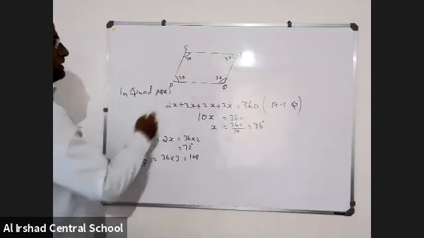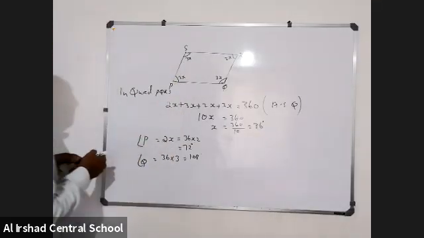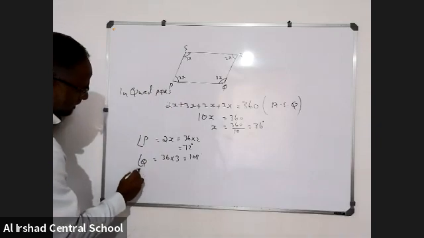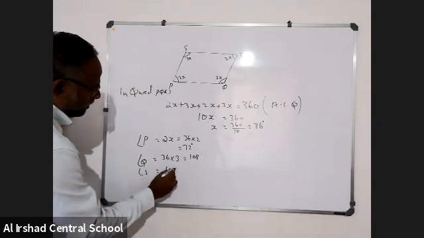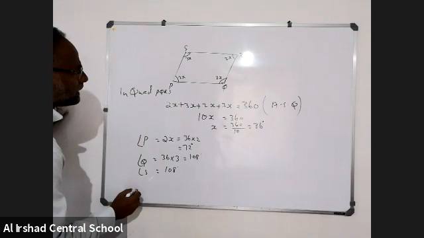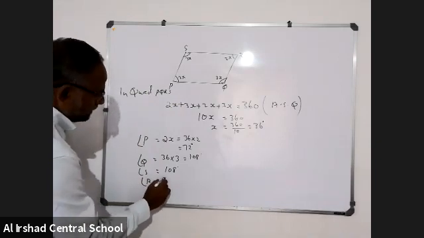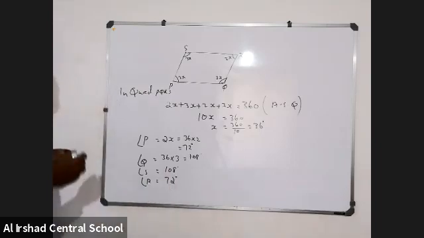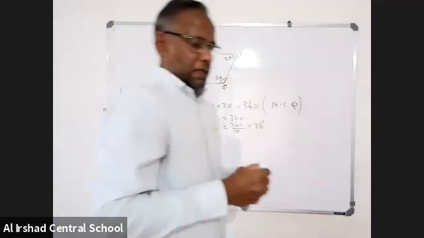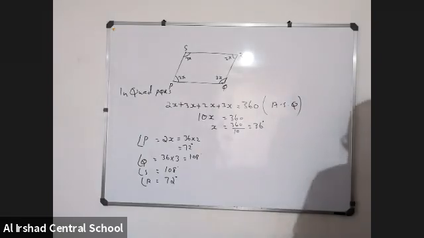Then you can say angle S is equal to 108 degrees, angle R is equal to 72 degrees. You got all angles, you can check that the total is 360.